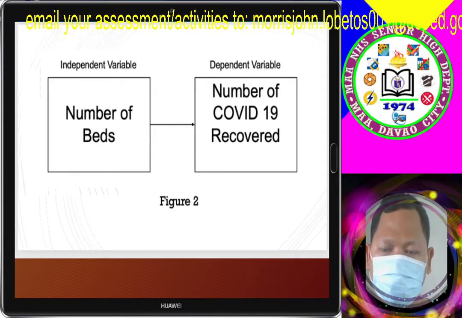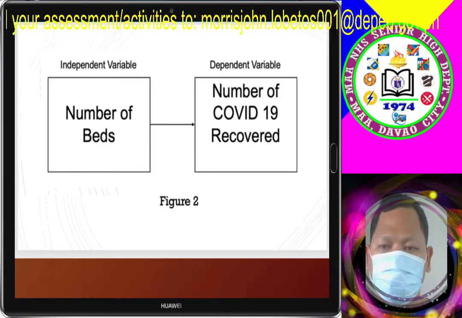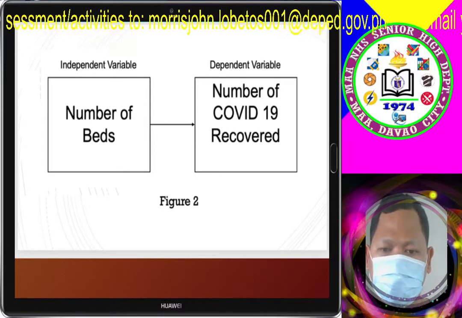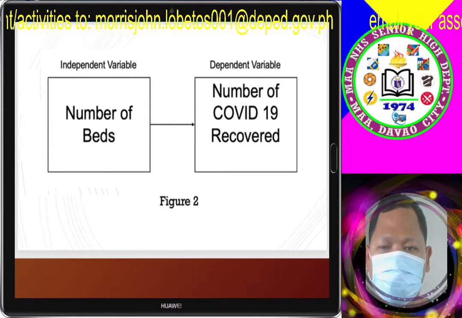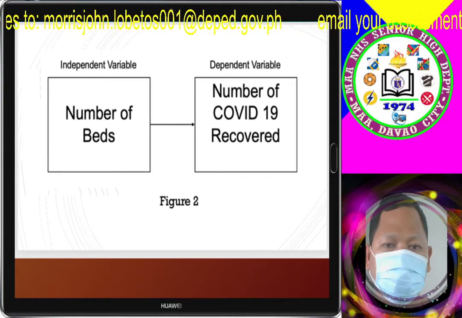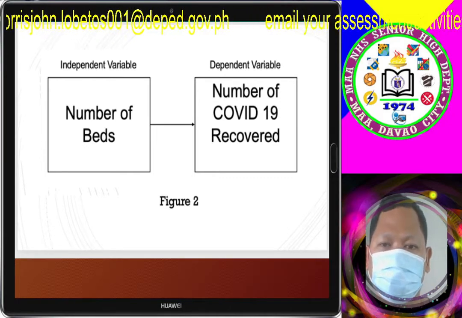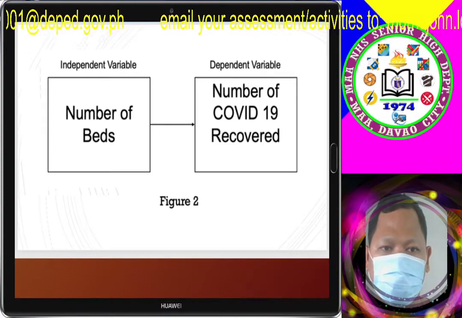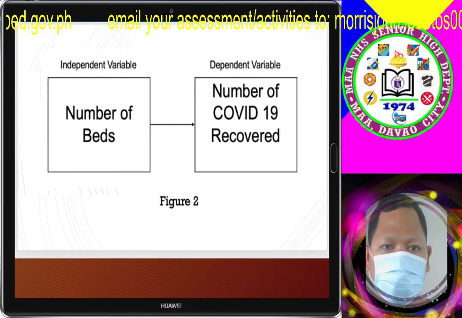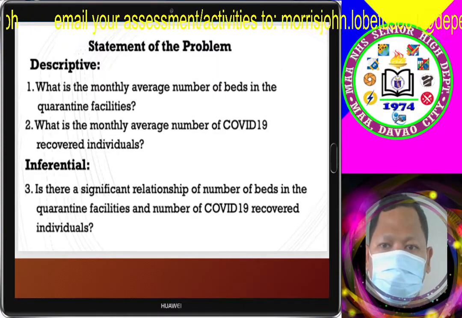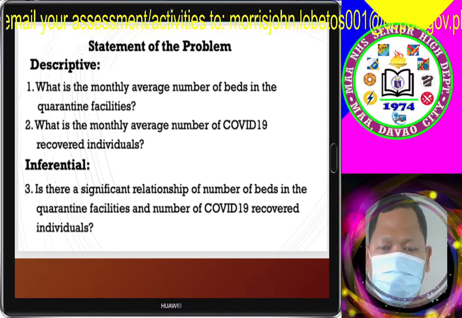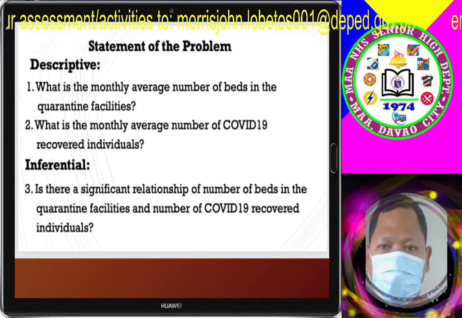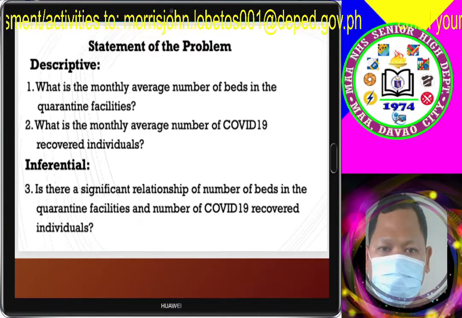The DV is the number of COVID-19 recoveries. As you can see, it comprises the IV and DV. Let's go back again to the research question. You can identify from the question the IV and the DV.